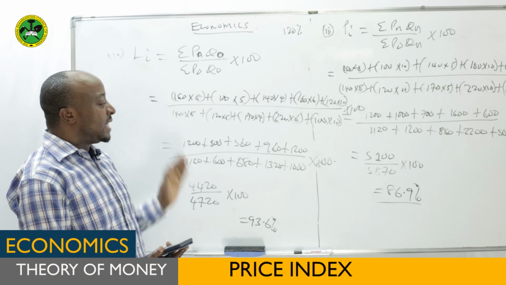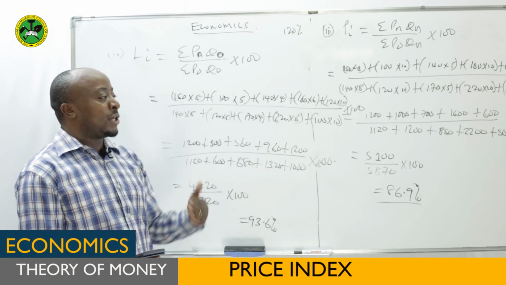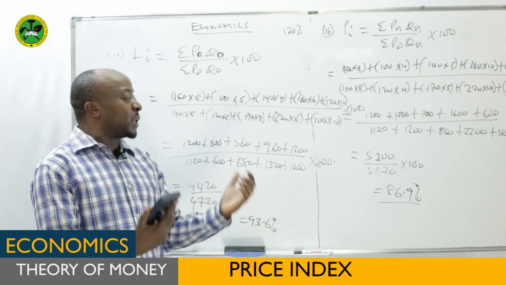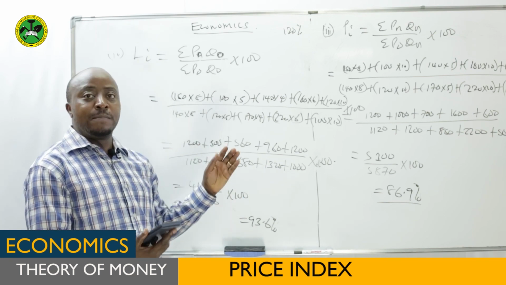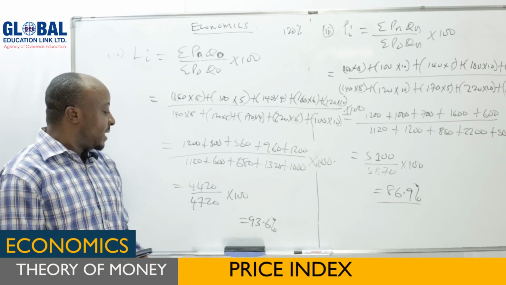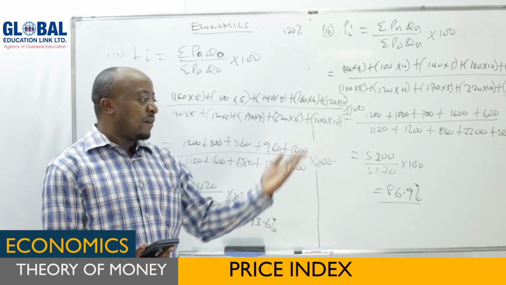Now, having seen all of these and how to calculate them, at your own time, you can go and discuss probably the uses or the importance of these indices and the problems facing these indices. Then you can observe from the screen, we have a homework there where we have two questions.